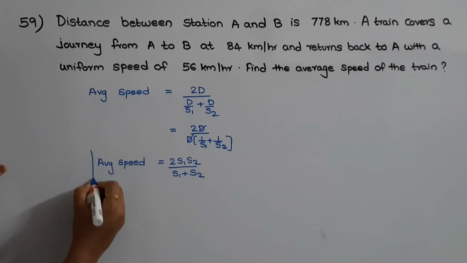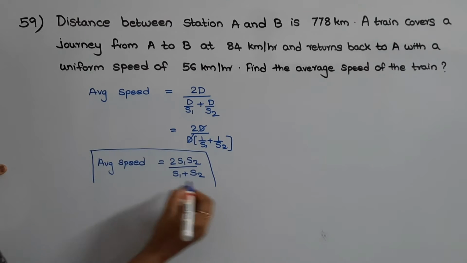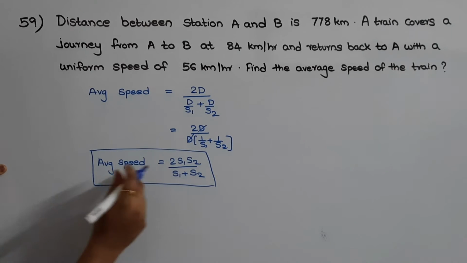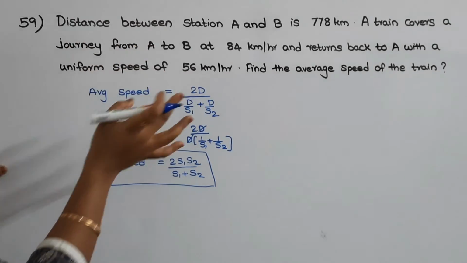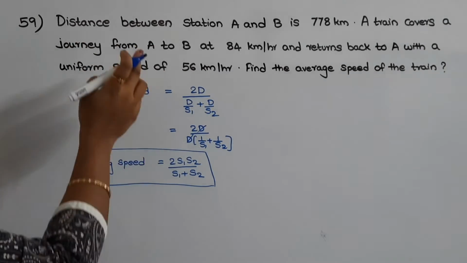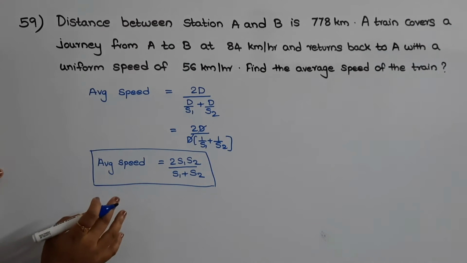So we can use this formula directly to find out the average speed when the distance is same in both the cases. Now let us substitute the values in this formula.